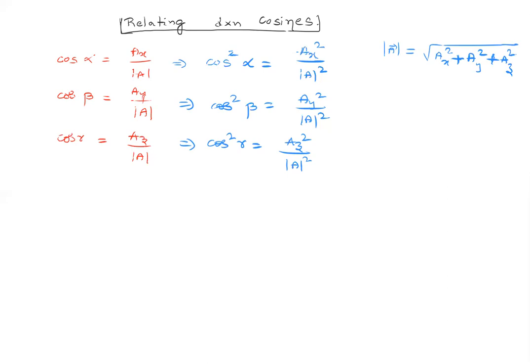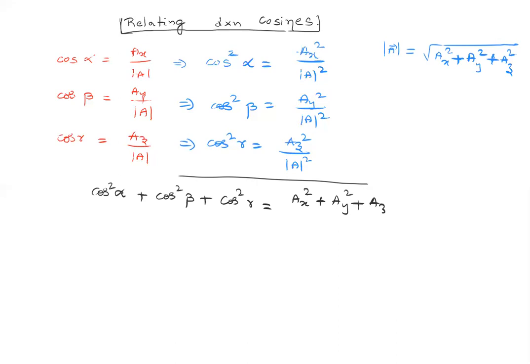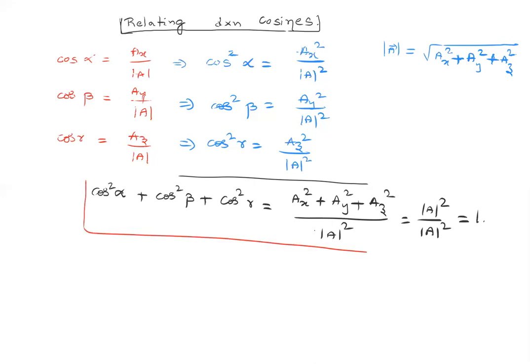Now you add all these: cos square alpha plus cos square beta plus cos square gamma will give you ax square plus ay square plus az square by mod a square, which is nothing but mod a square by mod a square, that is equal to 1. So the conclusion is that the sum of squares of the direction cosines is equal to 1.